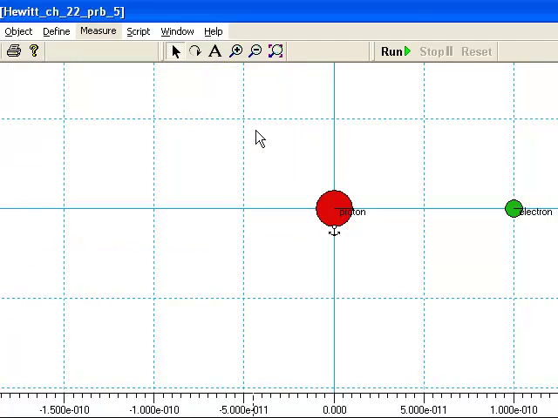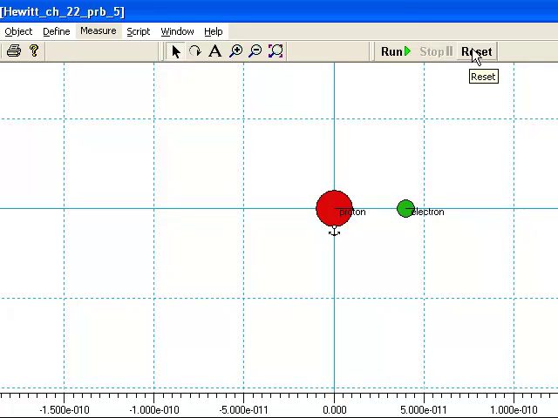Now I hit the run button, and notice under electrostatics it moves very fast within this gazillionth of a second, which tells us that the electrostatic attraction is much larger than the gravitational attraction. For the gravitational attraction, I need to be in the neighborhood of 10, 20, 30 minutes in order to actually see something. Here it's a gazillionth of a second, and we already see quite some attraction electrostatically.